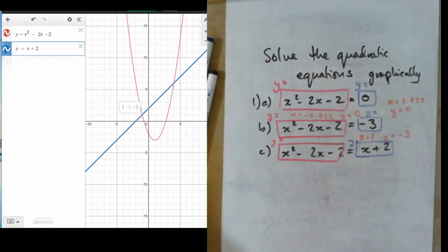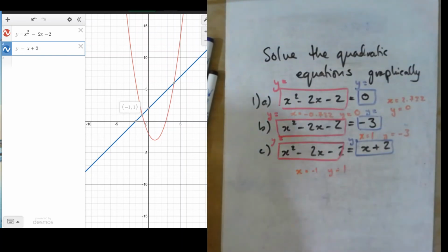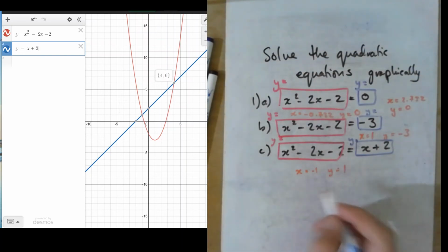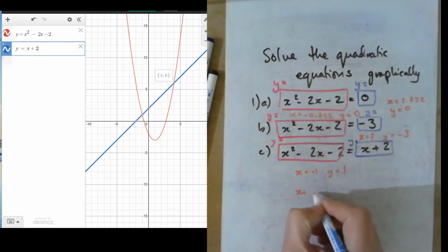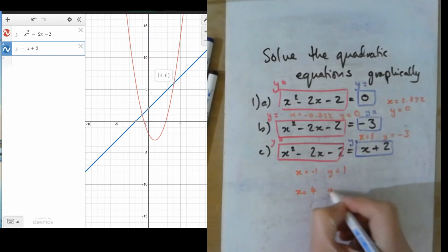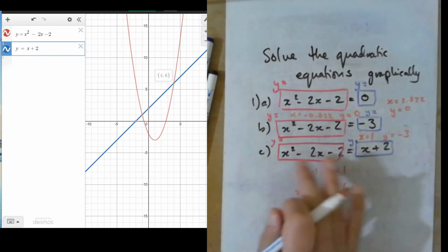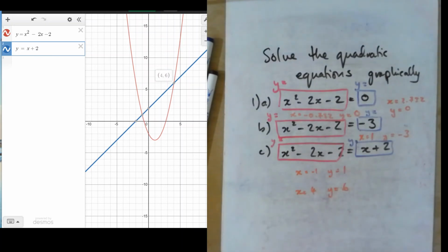We look at these intersections. The intersection there is -1 and 1. So that's x equals -1, y equals 1. And then the next set of answers is x equals 4, y equals 6. So there's your first set of answers, there's your second set of answers.